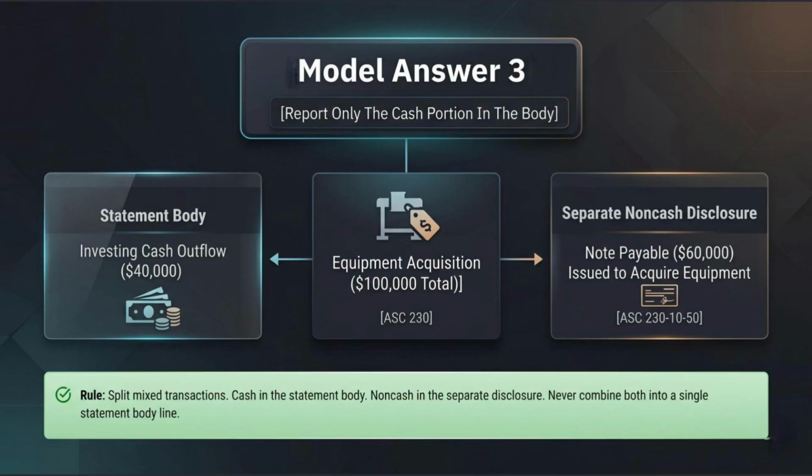The full $100,000 must never be reported as a cash outflow in the statement body because only $40,000 of cash actually moved. Reporting the full amount would overstate investing cash outflows by $60,000. The rule is clean. Cash portion in the body, non-cash portion in the separate disclosure. Do not blend them into one inflated cash line.